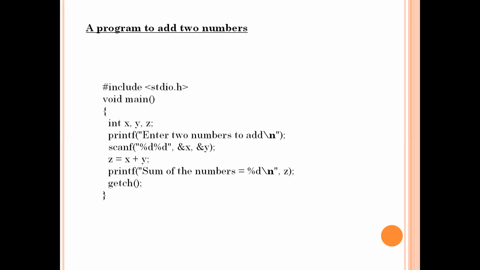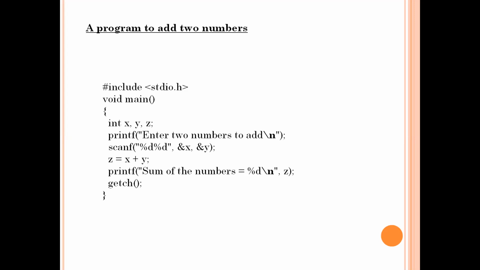Variables are identifiers whose value may be changed at any time during the execution of the program. We know that a constant remains constant forever, and the variable can change its value during the execution of a program.